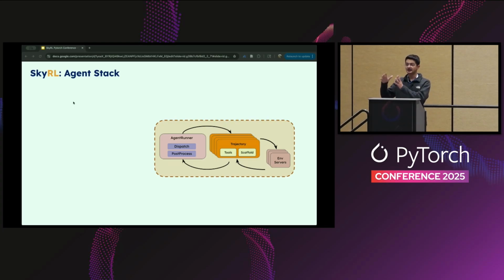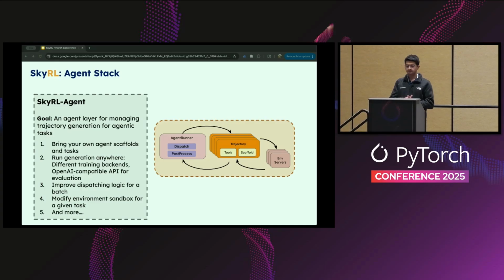Typically, you might also have an environment server that's running that's actually going to be executing these LLM actions. Overall, this agent layer, SkyRL agent, is managing trajectory generation and providing us with building blocks for the 2 components we looked at, orchestration and the environment.